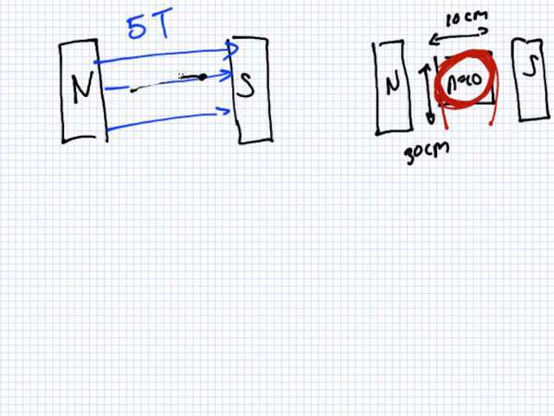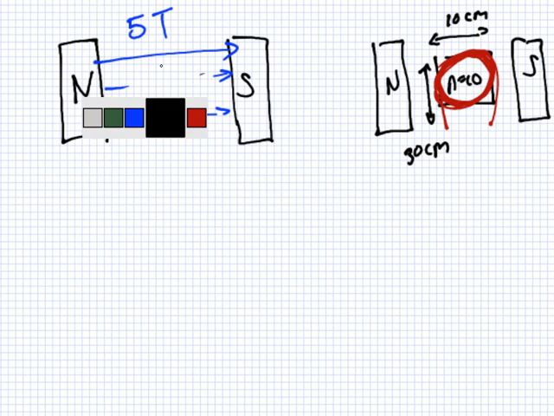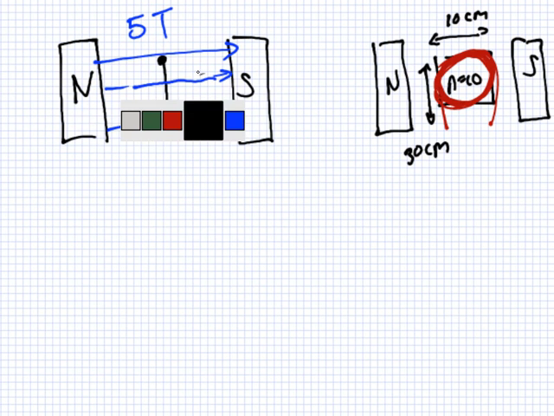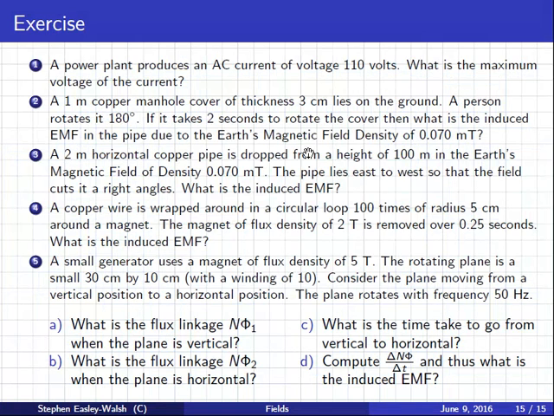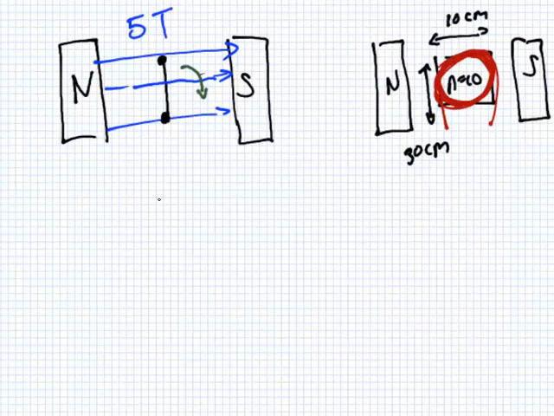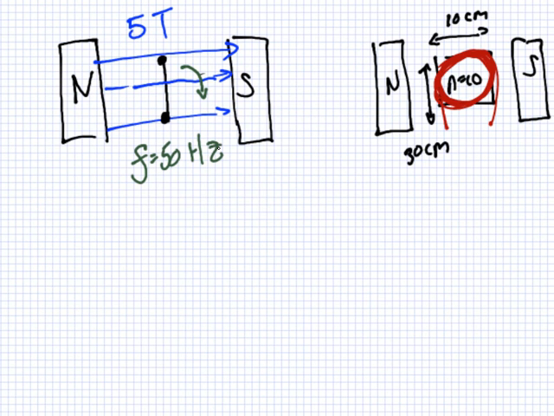So really at the very beginning it actually starts off like this, and then it rotates this way. So it's actually starting like this. And the rotation is with 50 Hertz. So that means in 1 second it rotates 50 times.